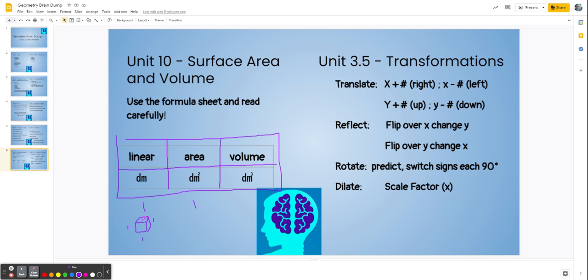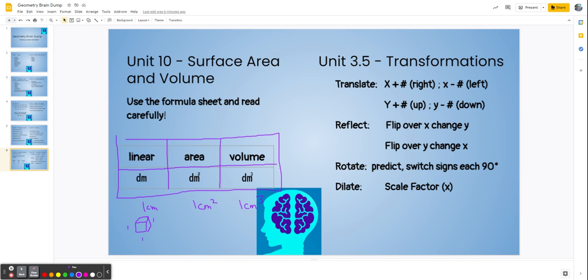The area of the top is just 1 times 1, which is still 1. What's the volume? That's going to be 1 times 1 times 1, which is still 1, right? So this is 1 centimeter in length on all of the sides. 1 centimeter squared is all the faces, and then 1 centimeter cubed is the volume of the whole thing. It's just one little brick.